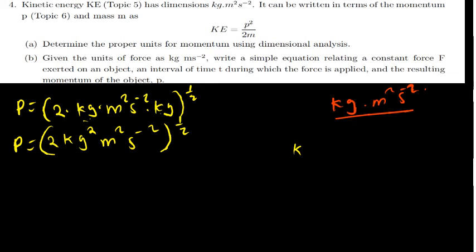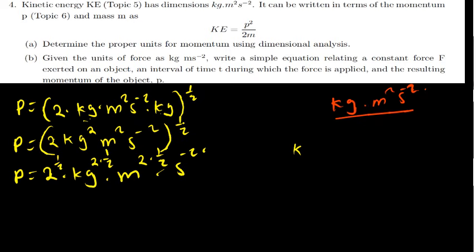At the same time, if I do that, guys, p is going to give us 2 to the power half, times kg to the power 2 times half, m to the power 2 times half, s to the power negative 2 times half. We are okay there?